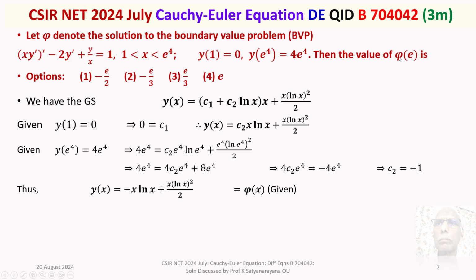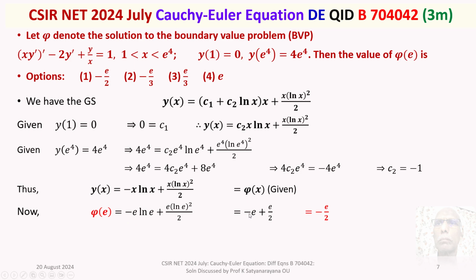Now we are required to find phi of e. So phi of e means wherever there is x, substitute e. This will imply phi of e is equal to minus e ln e plus e into (ln e) whole square by 2. Ln e is 1.